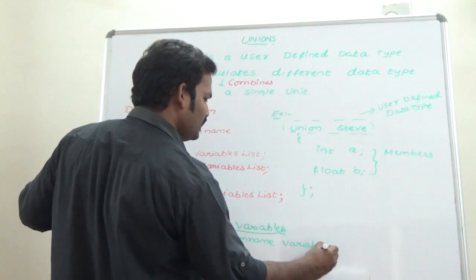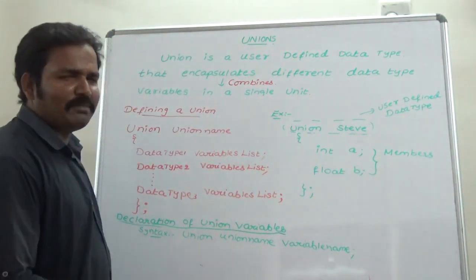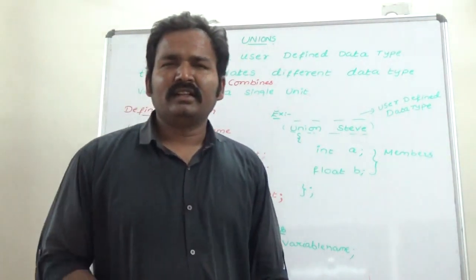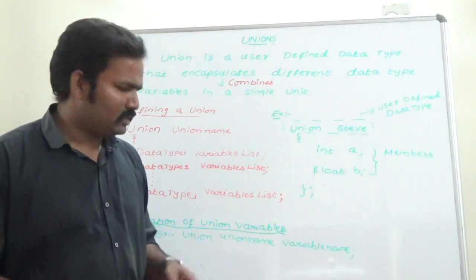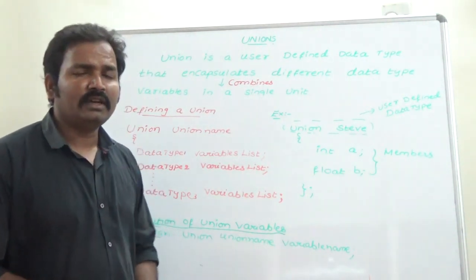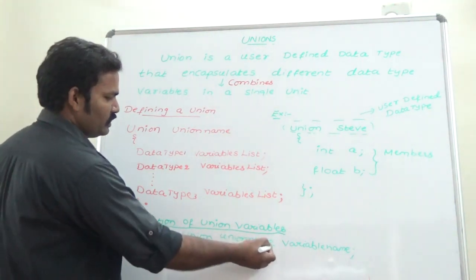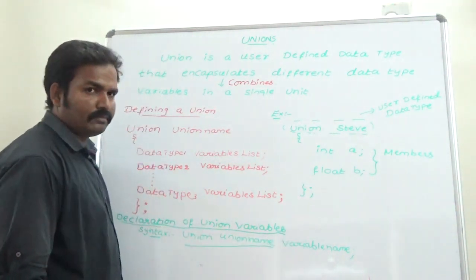It is the same as declaring general variables. Okay, so how to declare variables? First we have to write the data type, then we have to specify the variable name. So this is data type space variable name.